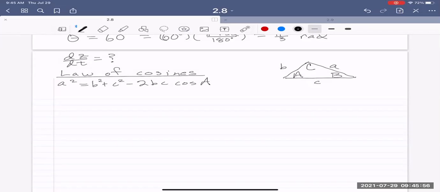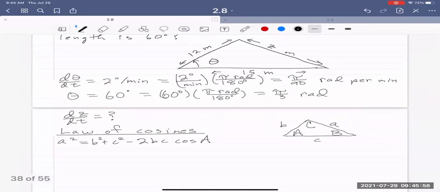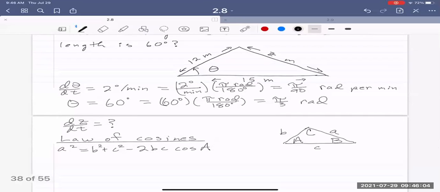So I know here some things. In this formula, I know B and C, so that's good. I know theta, and I know d theta dt.